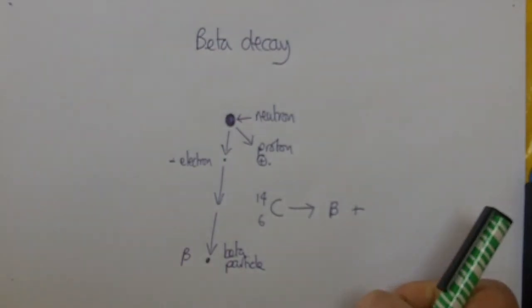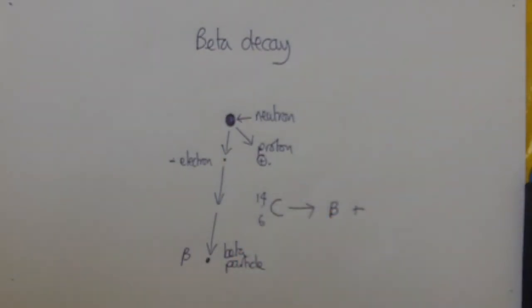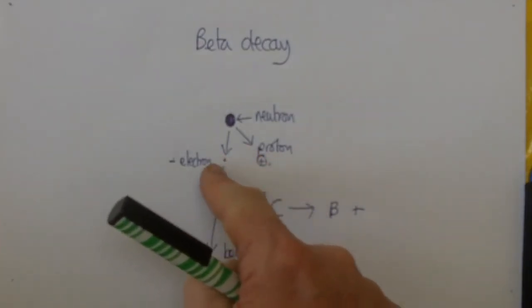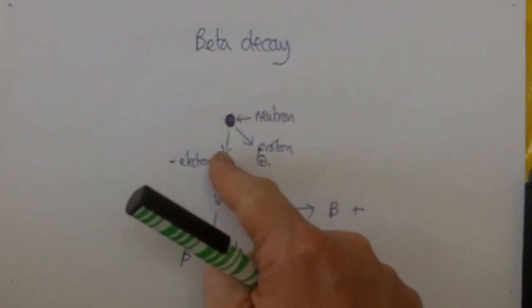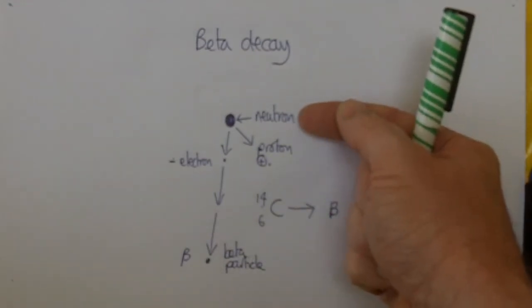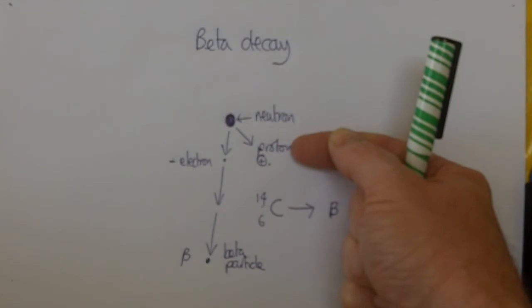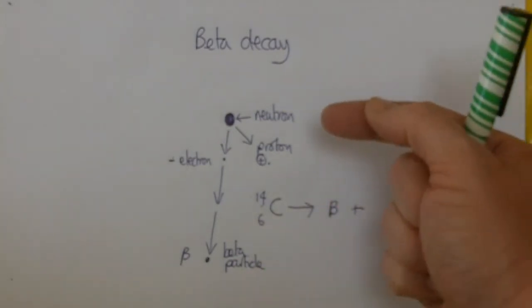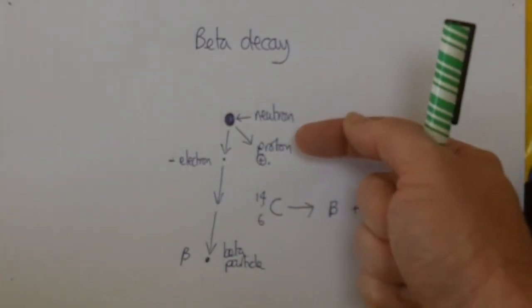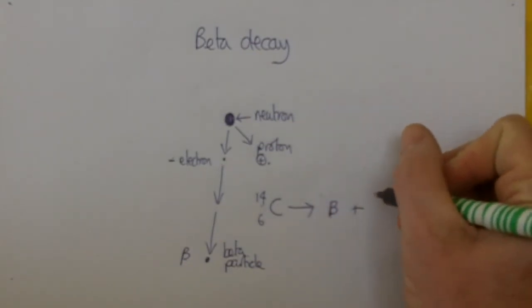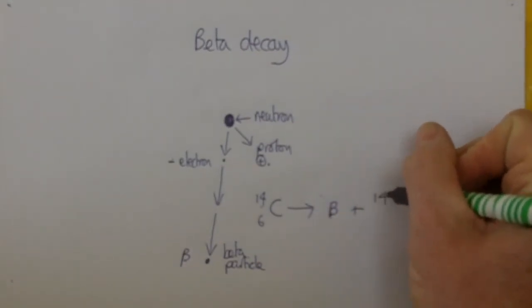We've got 14 particles in the nucleus. That then jumps up to 15 particles because we've got one particle turning into two, but one of them is ejected. So effectively the neutron disappears and is replaced by a proton, and the electron goes out as the beta particle. Essentially the beta particle replaces the lost neutron. So in actual fact there are still 14 particles in the nucleus.